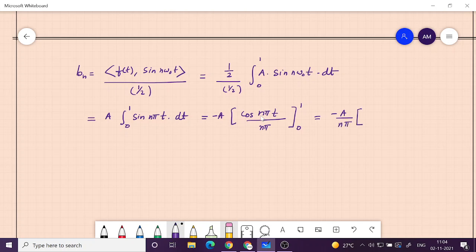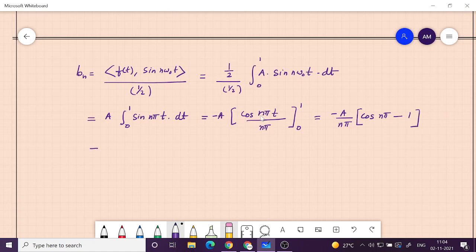I put t equal to 1, so I will get cos n pi minus cos 0. Cos 0 is 1, so I can put it like this.